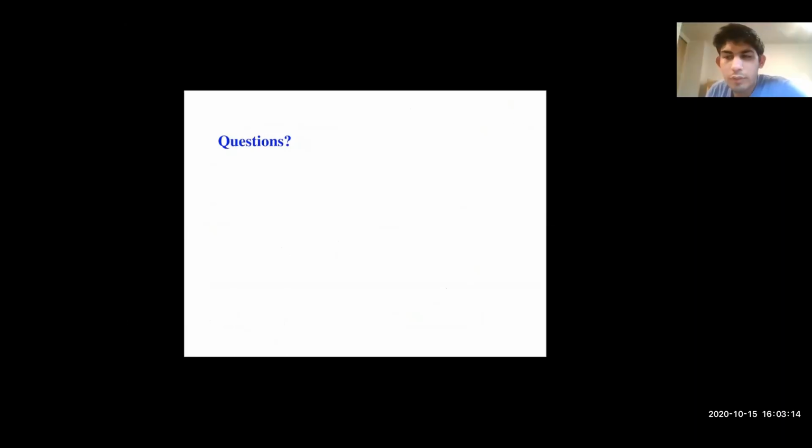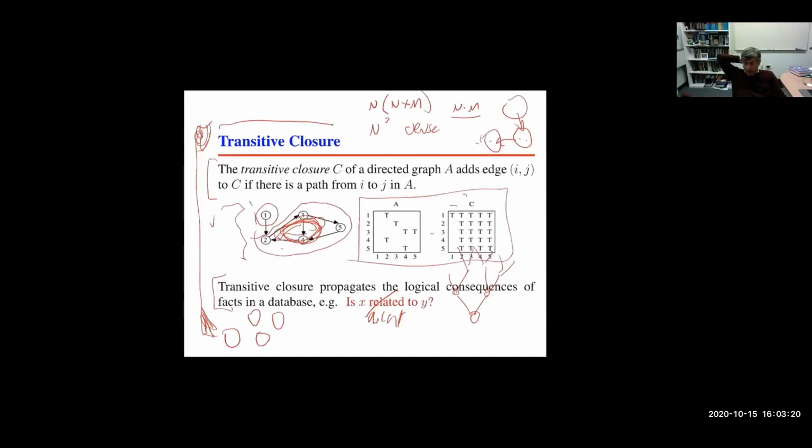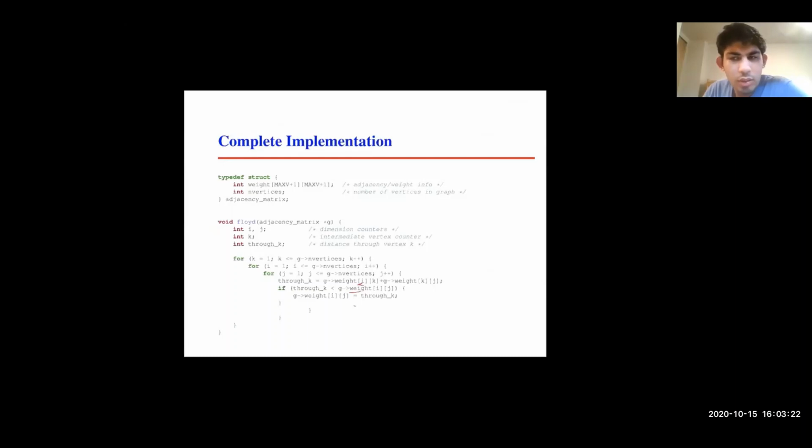Wait, I just wanted to clarify, when would you use Dijkstra's versus Floyd? Well, let's think about it. In Dijkstra's algorithm, it is going to tell you the shortest path from you to everybody else. Floyd's algorithm is going to tell me the shortest path from everybody to everybody else, right?